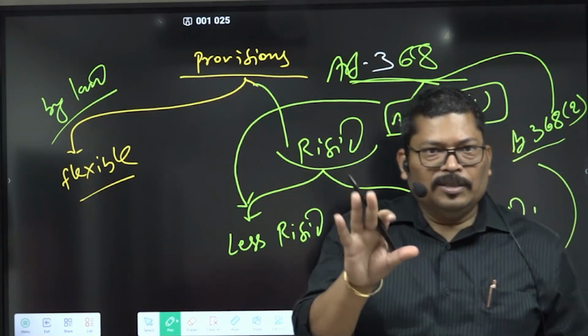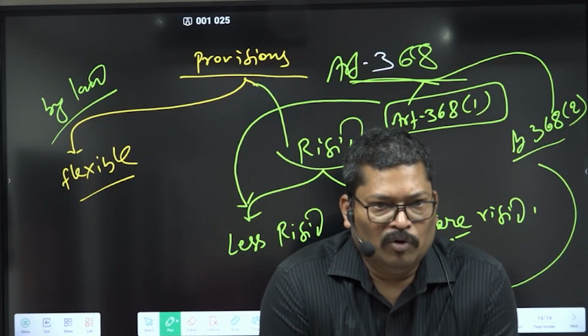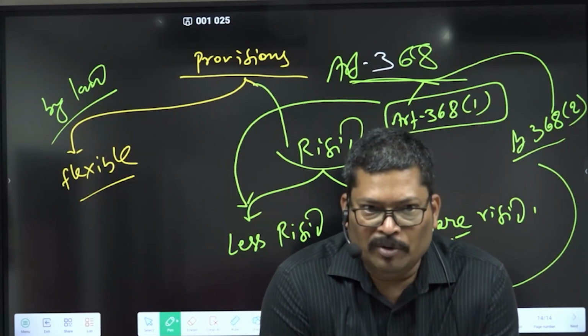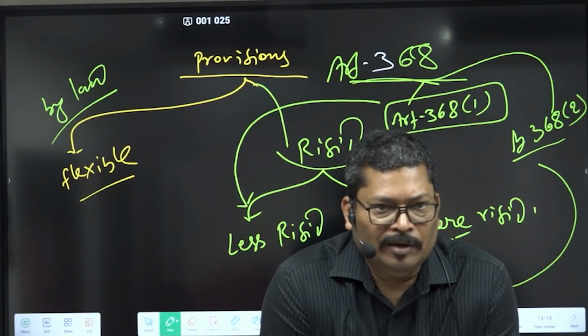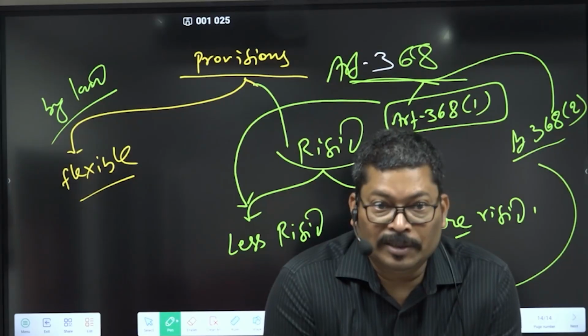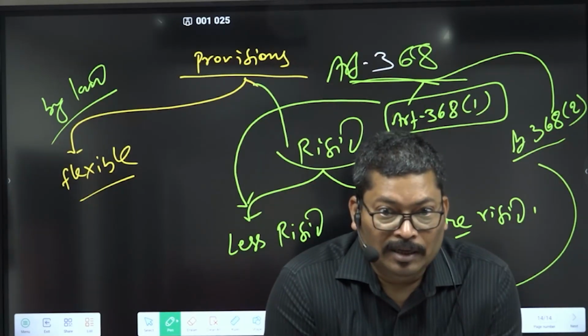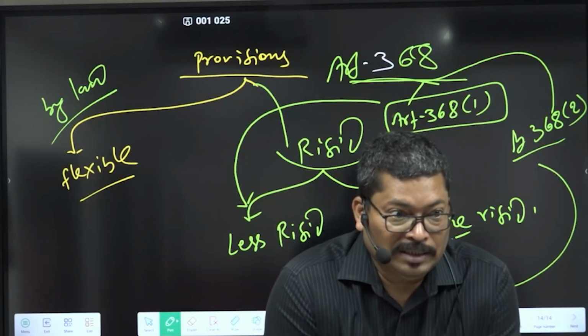How to recognize more rigid provisions? If you find a provision which takes part in division of power between center and state, that is called more rigid provision. And if a rigid provision is there, but that provision is not going to take part in division of power between center and state, that is no doubt rigid one, but less rigid.